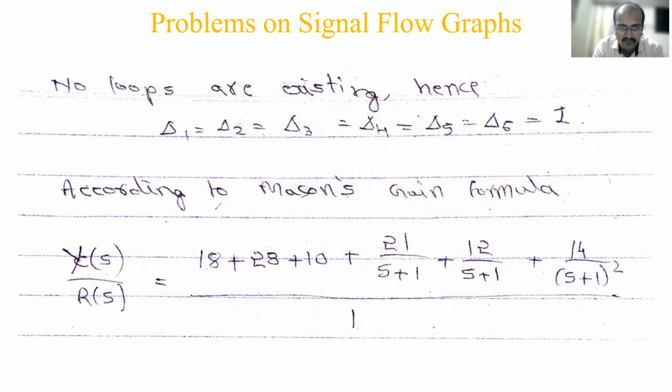I have not written the formula, so you write one more step there: summation k equal to 1 to 6, Pk delta k.